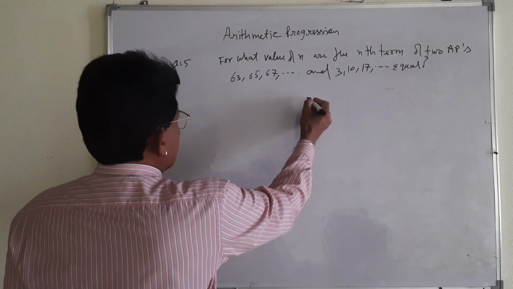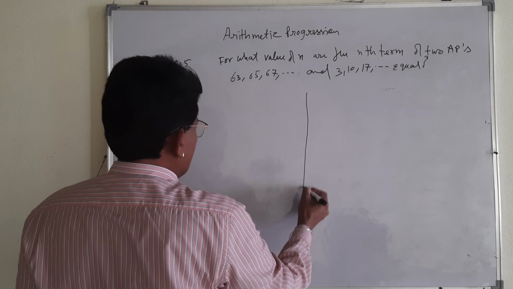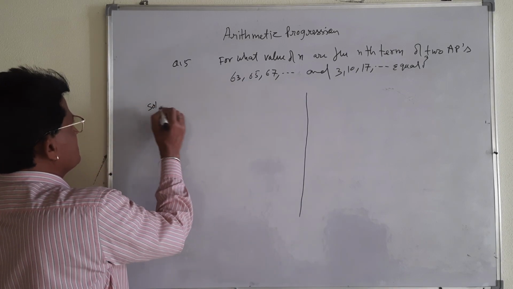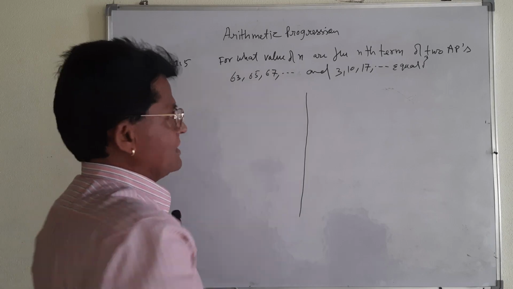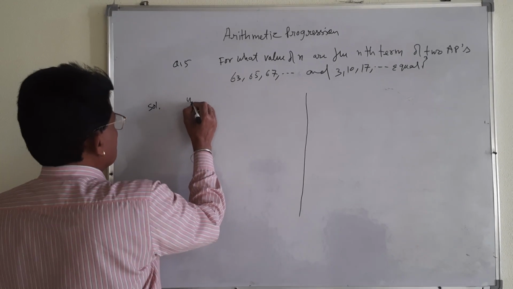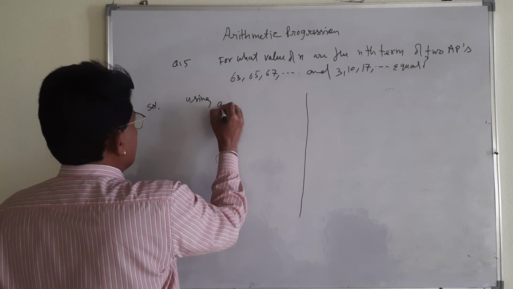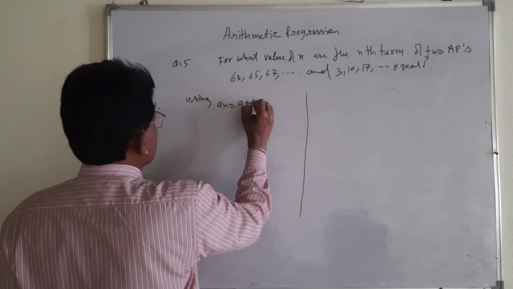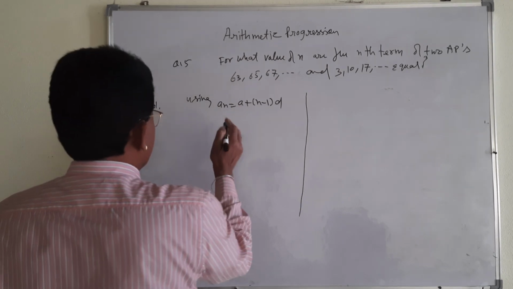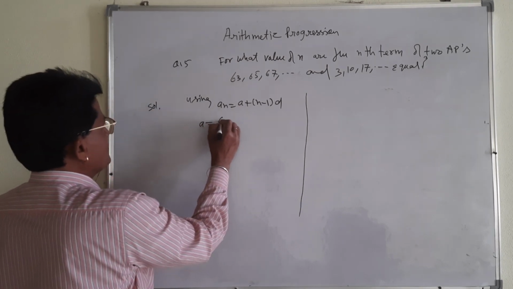First case, let me take the 2 things. यहाँ पे देखिए मैंने लाइन ड्रॉ कर दिया. First case solution. For what value of n? You will have to find out the value of n. You will use the formula an is equal to a plus n minus 1 into d. Okay? In the first case, what is a? 63.